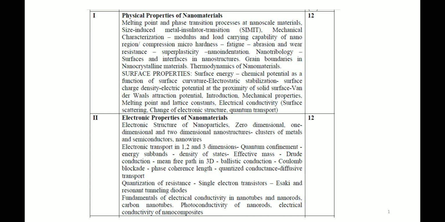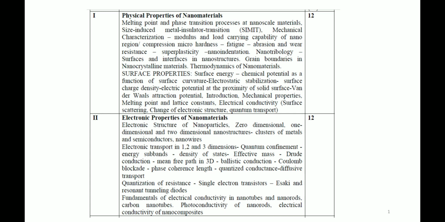We are well aware that materials are categorized depending upon their conductivity or resistance into three types: metal, semiconductor, and insulator. So how its electronic properties or electrical conductivity is going to change when the size of the material is shifted from bulk to nano.